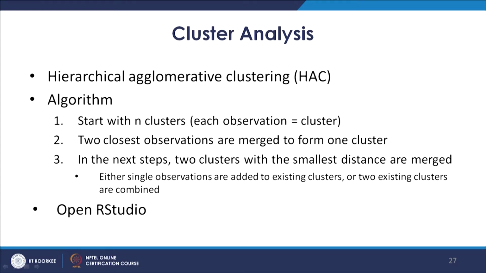Now after step number 2, what we have is one cluster having two observations and the remaining n minus 2 clusters. So in total we have n minus 1 clusters, one of them having 2 observations, and then the n minus 2 other clusters. Within all these clusters, we again try to find the two clusters which are closest and then merge them.